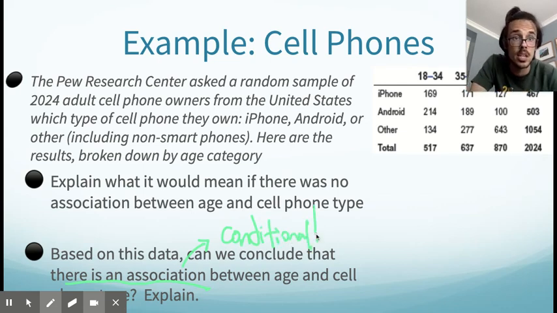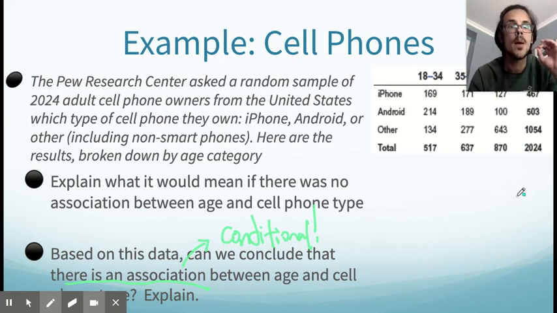You have to look at the conditional if you want to see if there's a relationship. In order to look at the conditional, you need percentages. Every year on this quiz, there are kids who just take the numbers from the problem and try using those. That's no good, especially when your groups are different sizes like they obviously are in this problem.